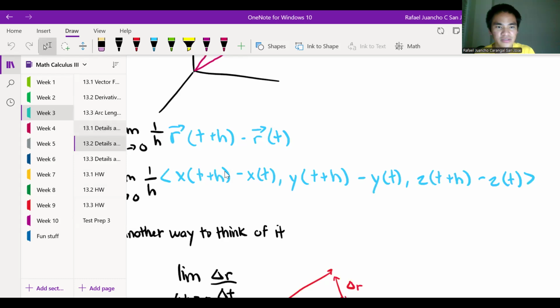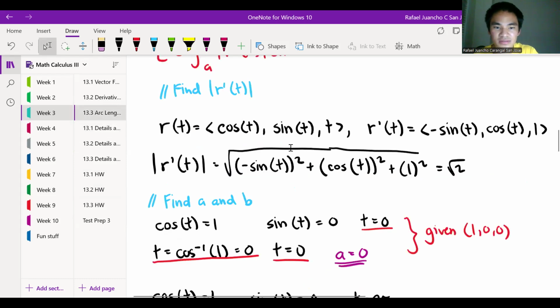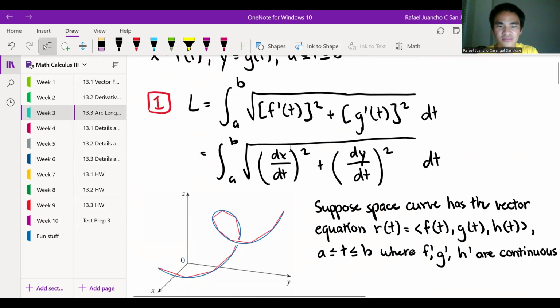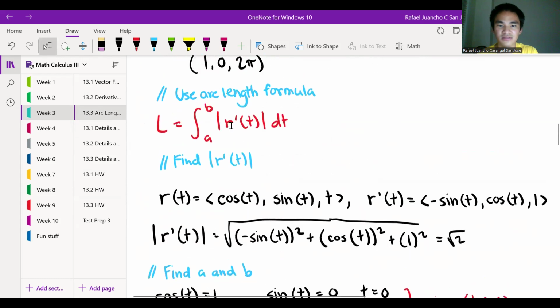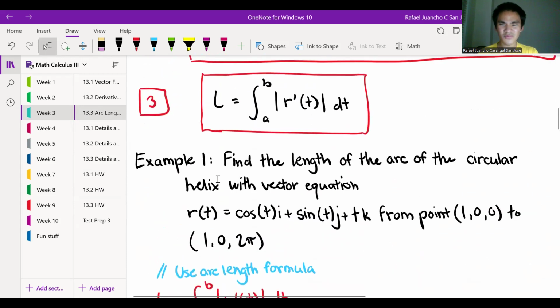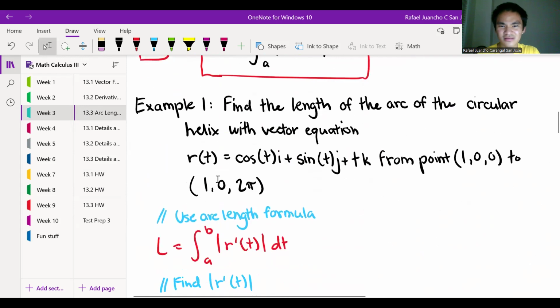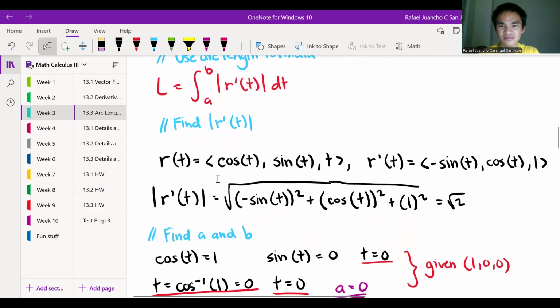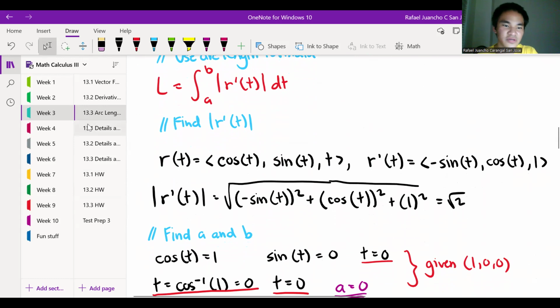Okay, let me quickly check if I'm getting it right. Actually, I don't need to do that. I could just directly find the length of it.